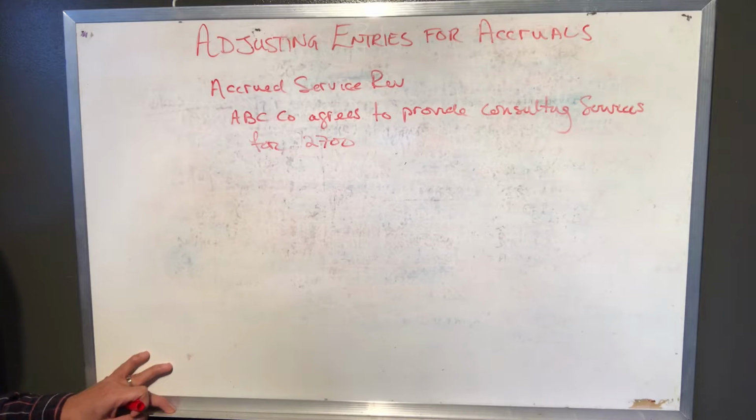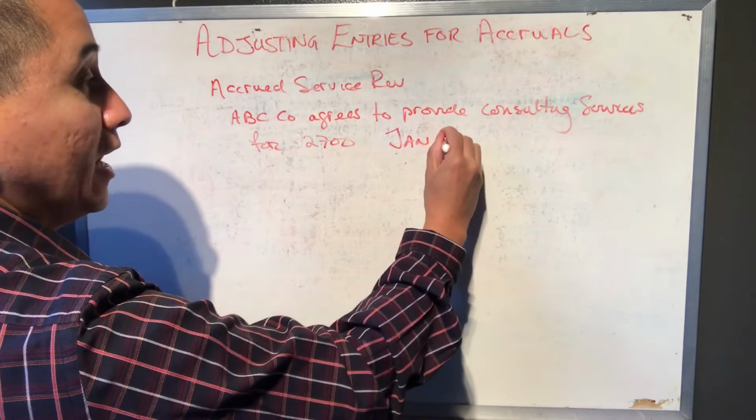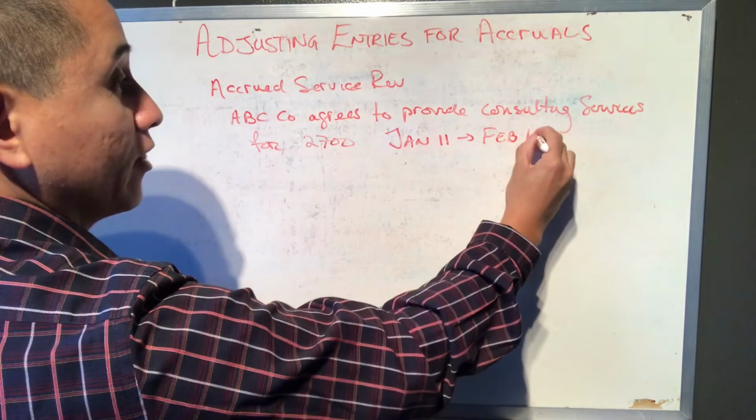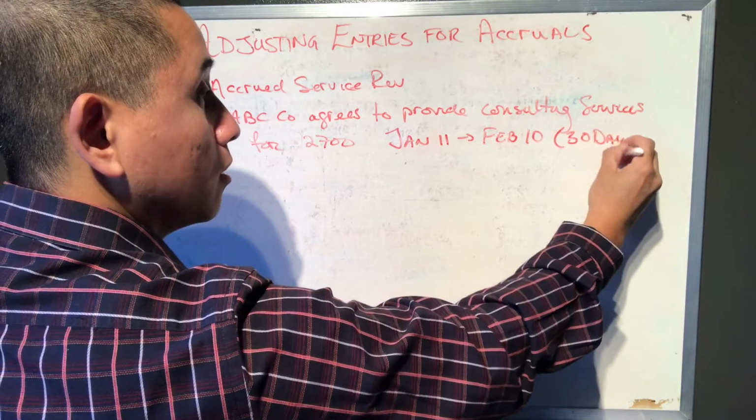And that would be covering the period from January 11th to February the 10th. So notice that is 30 days in total.